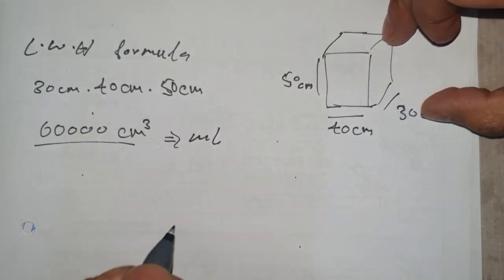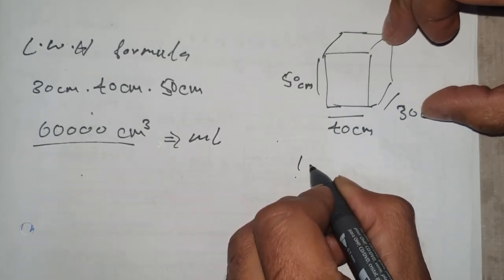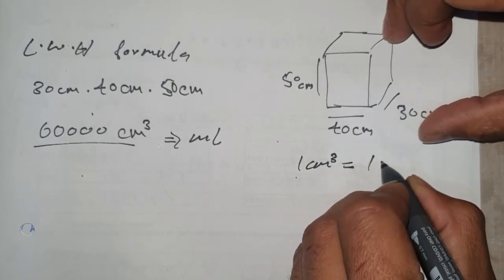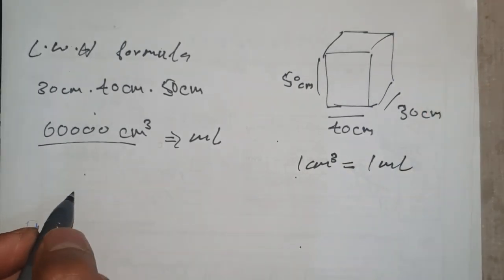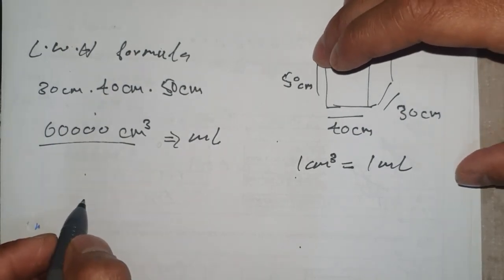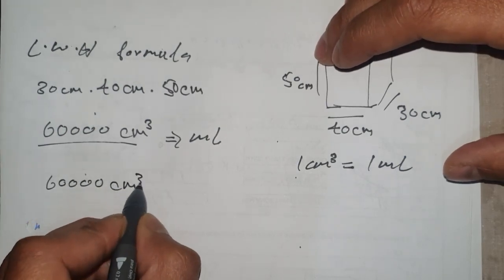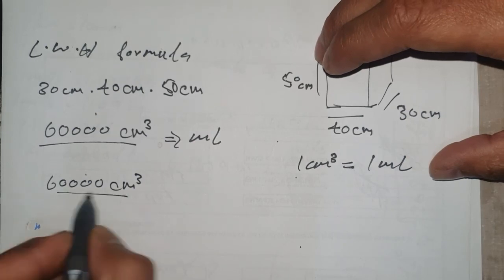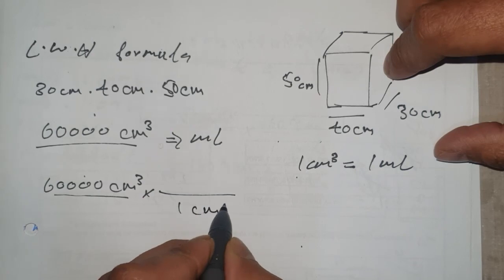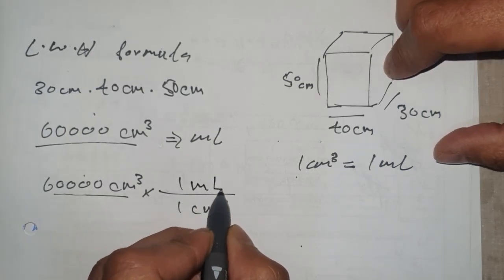The unit conversion is that 1 cubic centimeter is equal to 1 milliliter. So we take 60,000 cubic centimeters times 1 milliliter per 1 cubic centimeter.